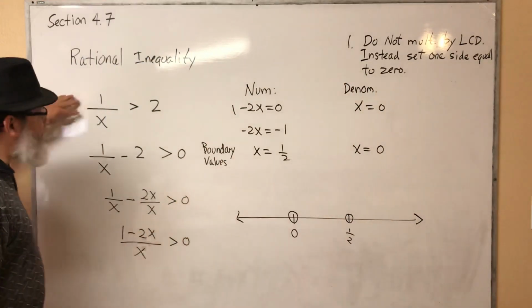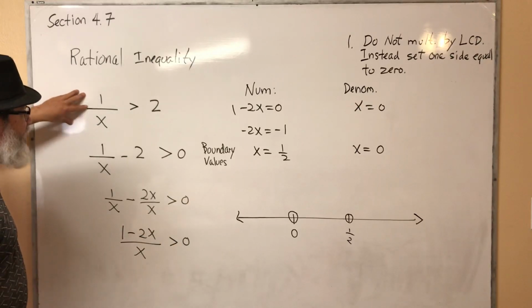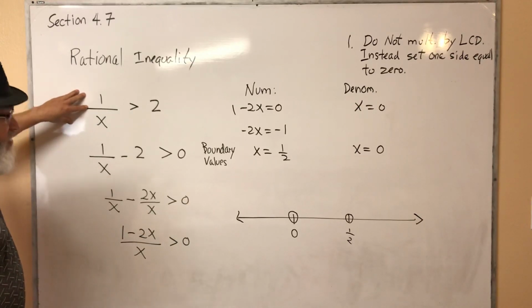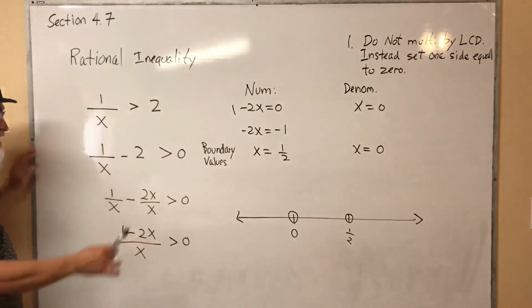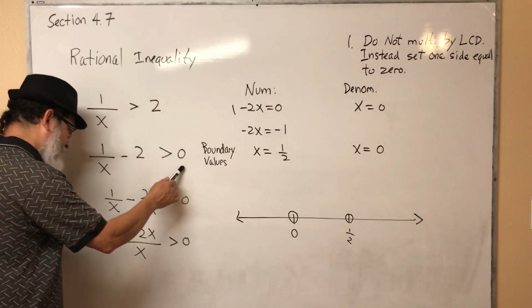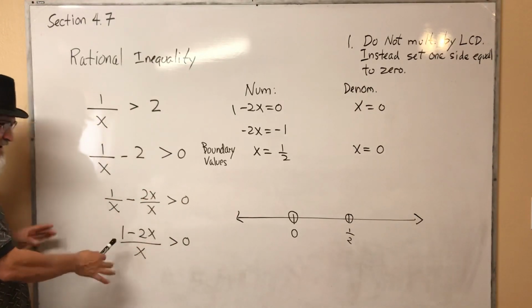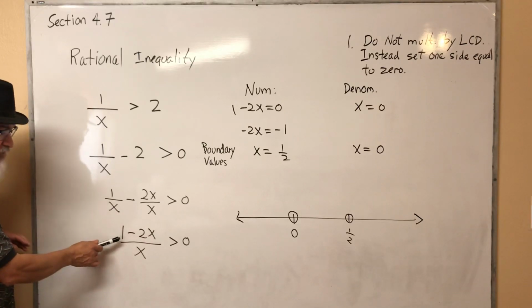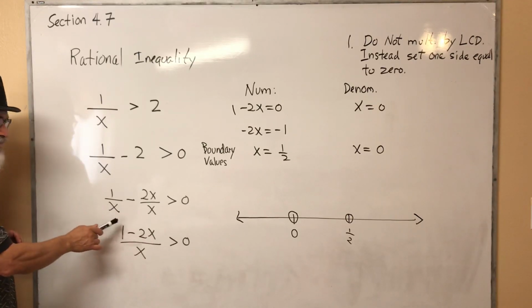So from this rational inequality, when I set one side equal to 0 and combine, I got a boundary value from the top and a boundary value from the bottom.